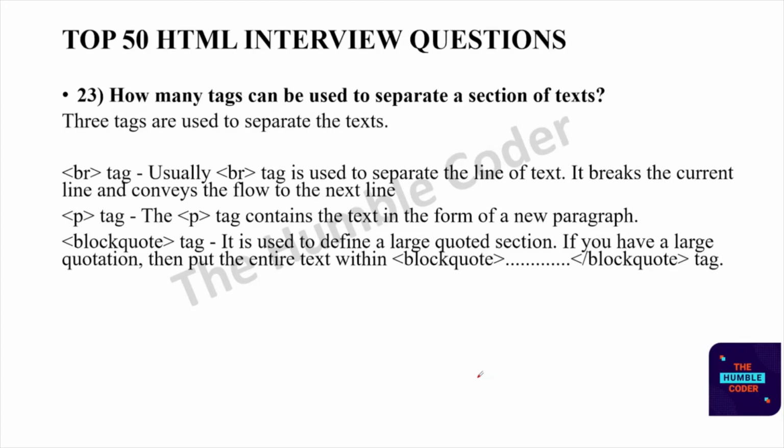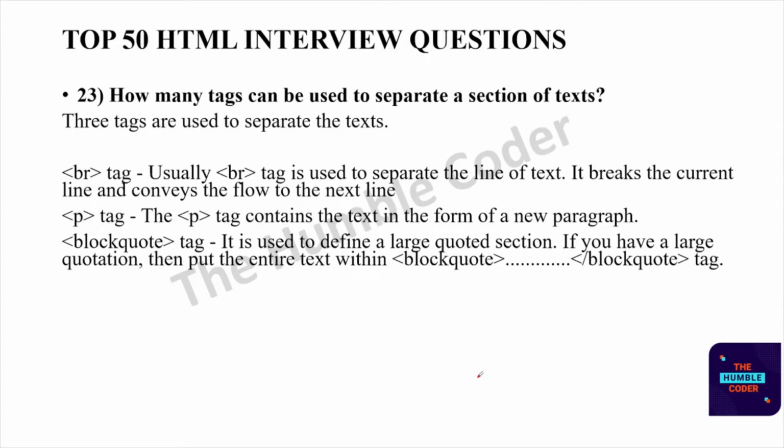Let's move ahead with our next question now. How many tags can be used to separate a section of text? Three tags are used to separate the text, that is break, paragraph and block quote. Let's understand these tags. The break tag is usually used to separate the line of the text. It breaks the current line and conveys the flow to the next line.